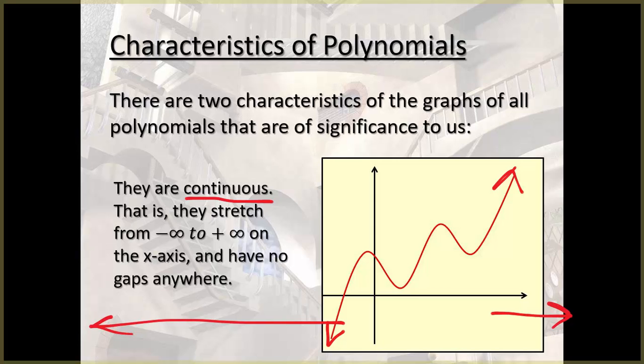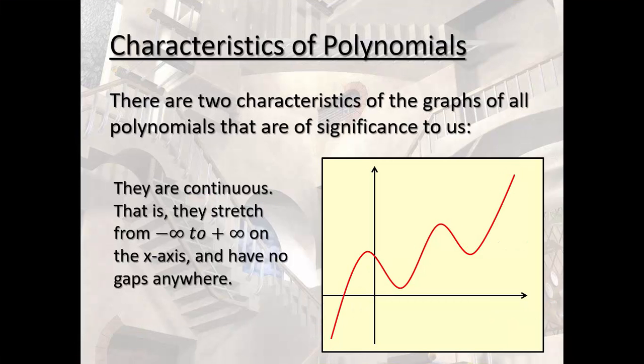So if you were to put your pencil somewhere on the curve, you could trace the curve without having to lift your pencil off the paper. That's what continuous means. It may not seem like much, but that's kind of a big deal.